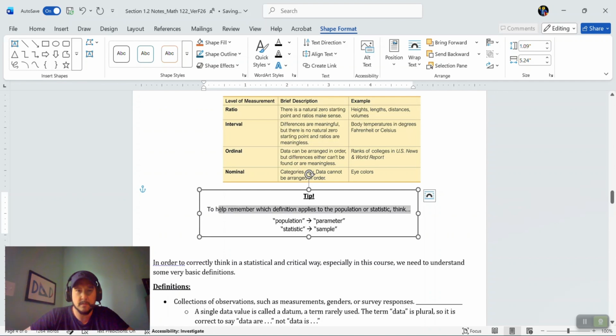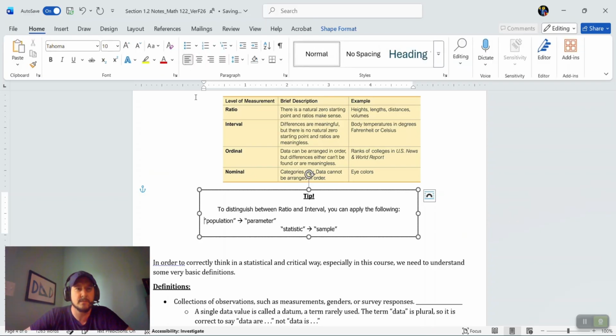Say, to distinguish between ratio and interval, you can apply the following. I will left justify this as well as this.